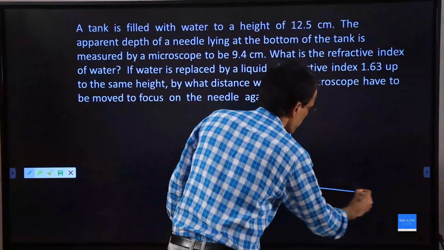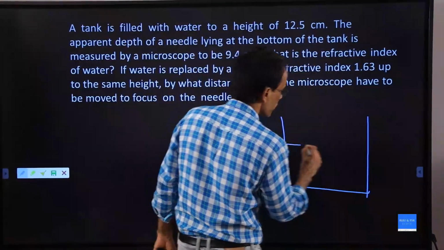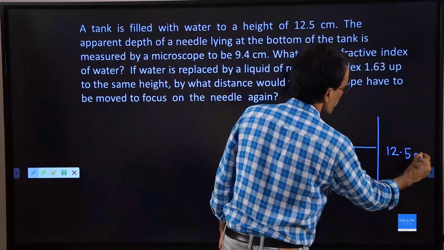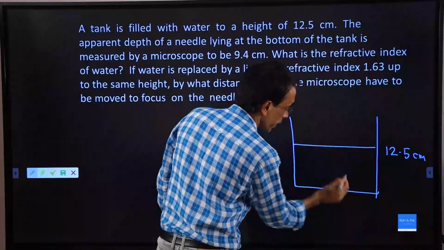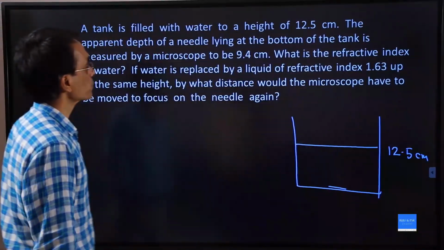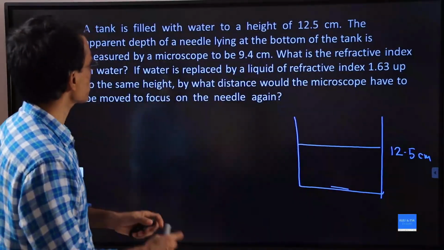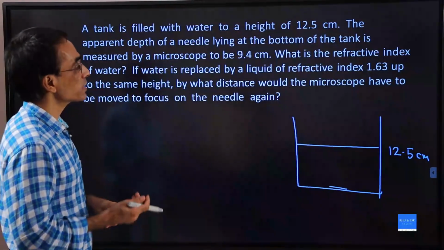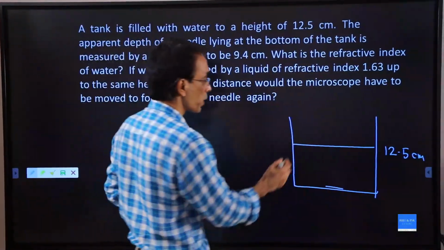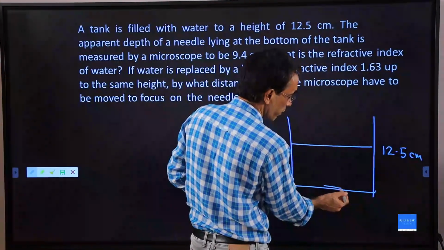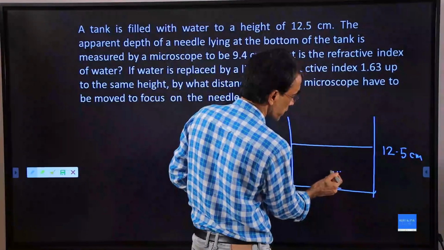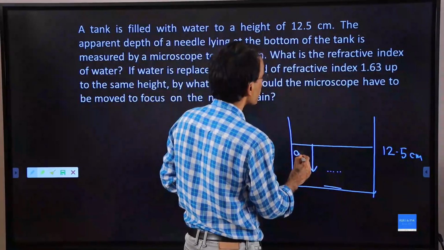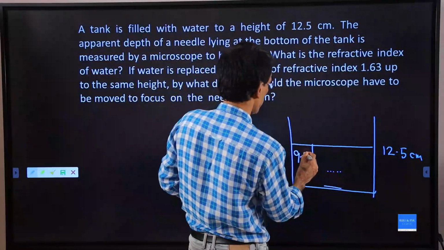A microscope focuses onto the needle, and the depth is measured as 9.4, because when the microscope focuses on it, the needle will not be here, the needle will be appearing somewhere here, and the microscope is measuring this distance as 9.5.